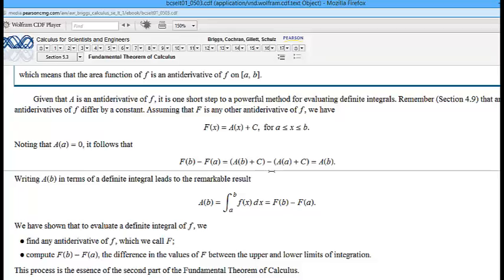So if you have an antiderivative, it ends up being the same as an area function. Okay? And so when you subtract, I guess the thing to know here, what is A of a? We did that already. If you replace little b with a little a, you get 0, no area. So this works. All right, it's time for examples. We got to move. I said 1 minute. That turned into 3. All right, here we go.